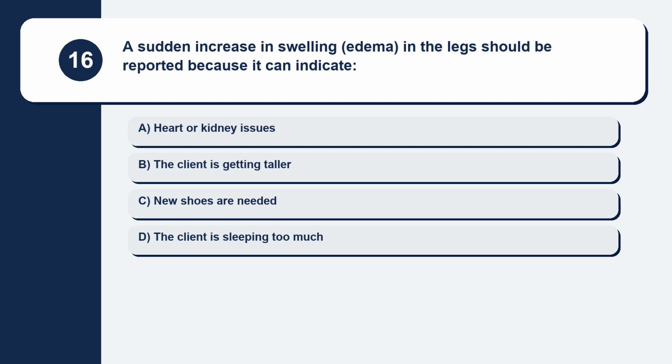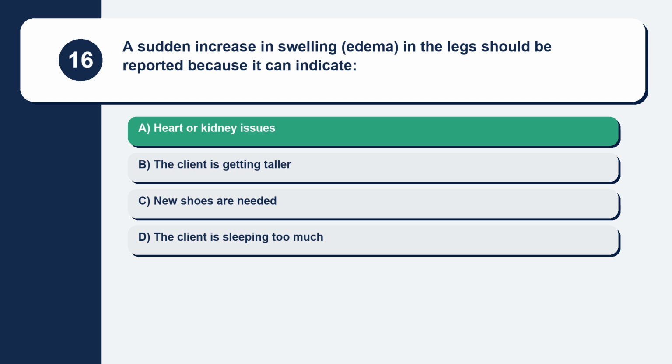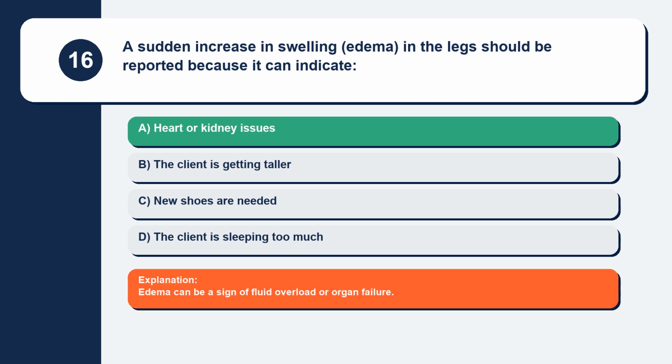A sudden increase in swelling, edema, in the legs should be reported because it can indicate heart or kidney issues. The client is getting taller. New shoes are needed. The client is sleeping too much. Edema can be a sign of fluid overload or organ failure.